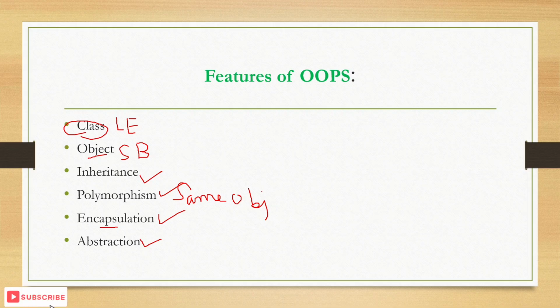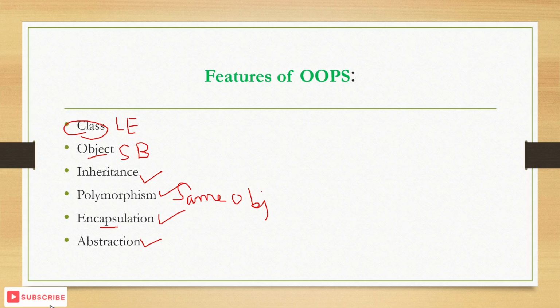So basically, whatever essential information we want to show the user can be shown, and what we want to hide can be hidden. That function is called abstraction. So we can say abstract and interface are the two types of abstraction.